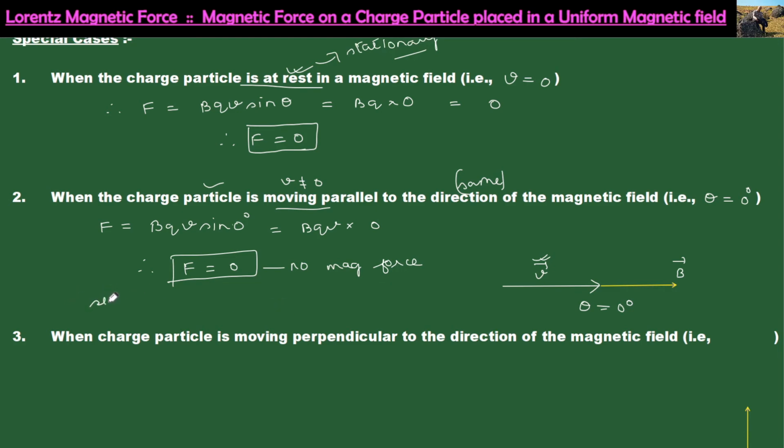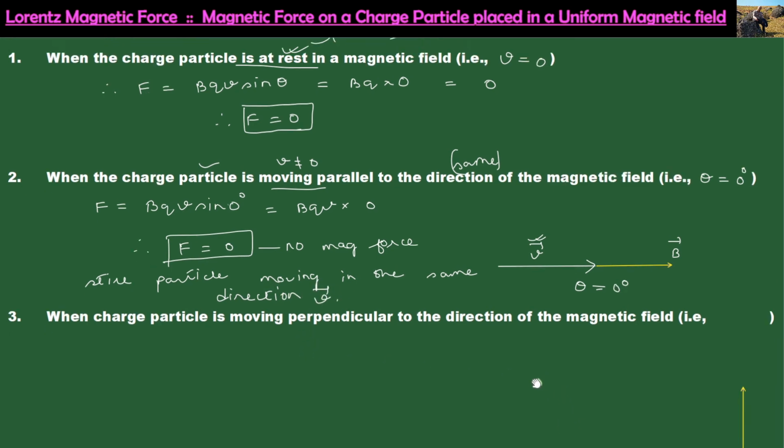That means if velocity and magnetic field are parallel to each other, still that charged particle will be moving, but it will move in the same direction of your velocity, v bar.